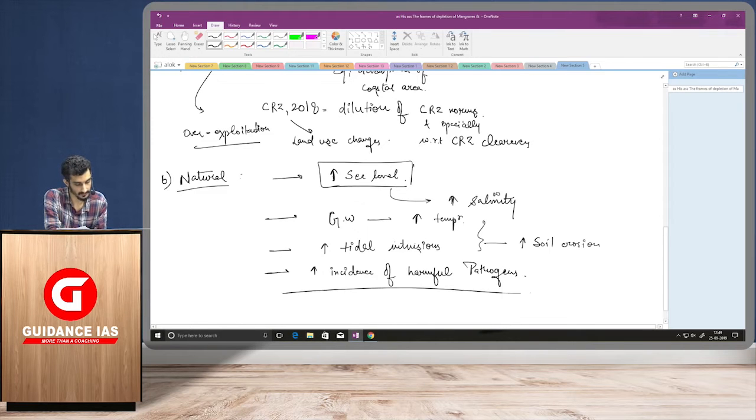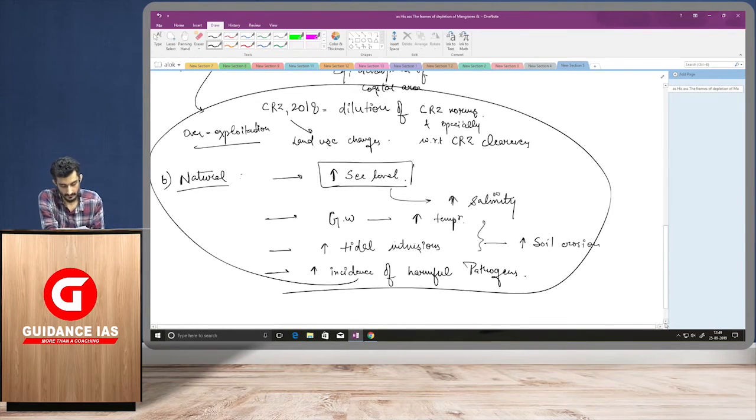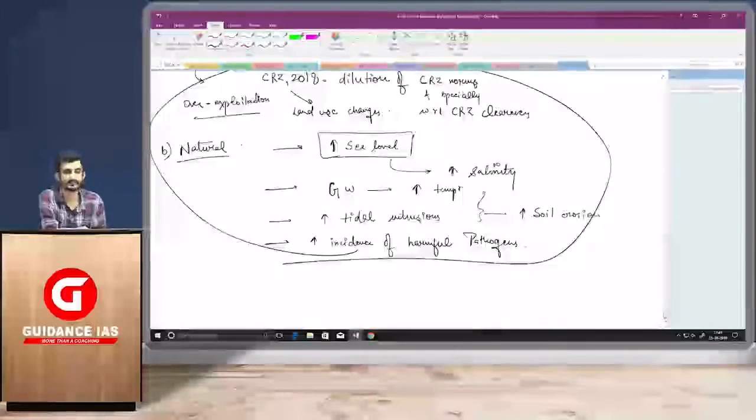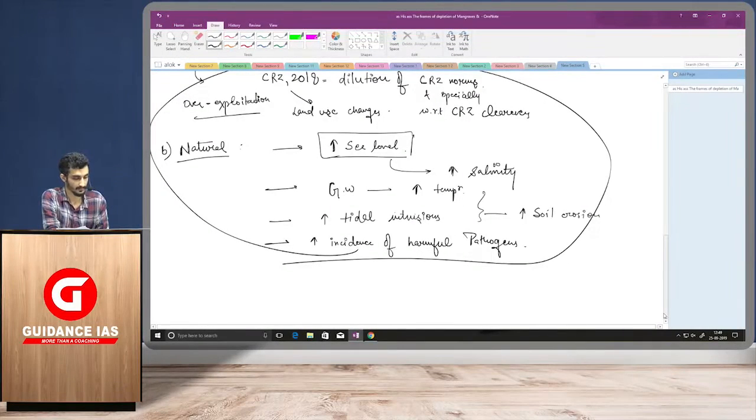So these are the important anthropogenic as well as natural causes for depletion of mangroves. And again we have given the diagram so as to substantiate and make the answer more geographical by giving the spatial aspect of the question.